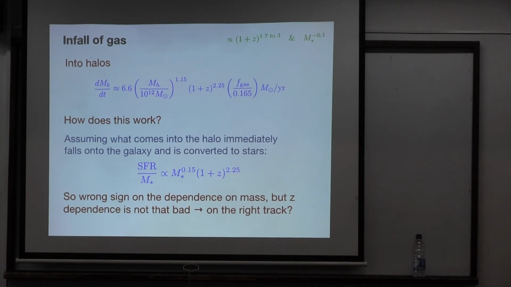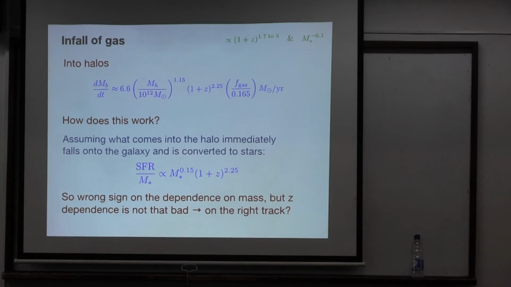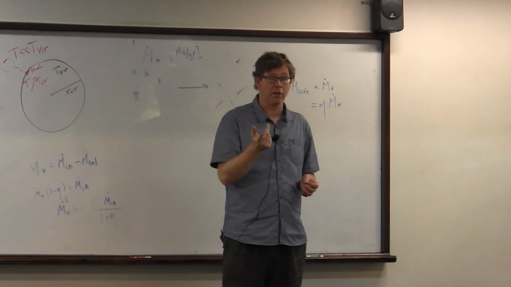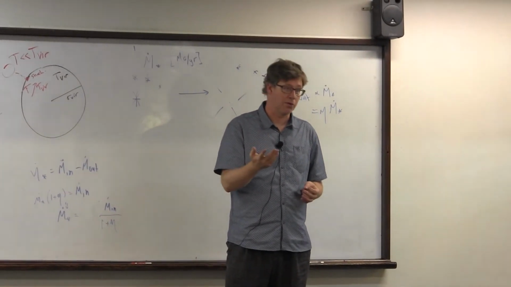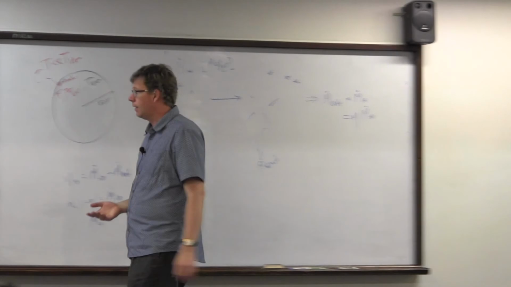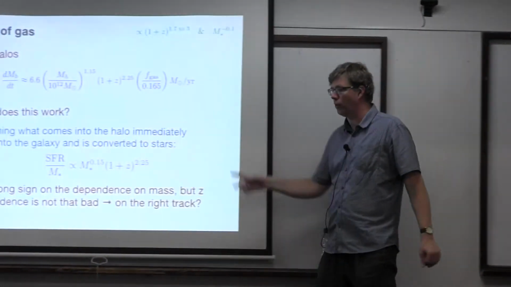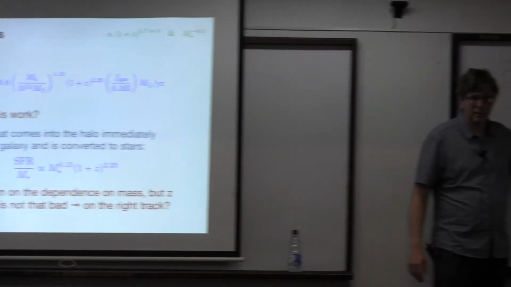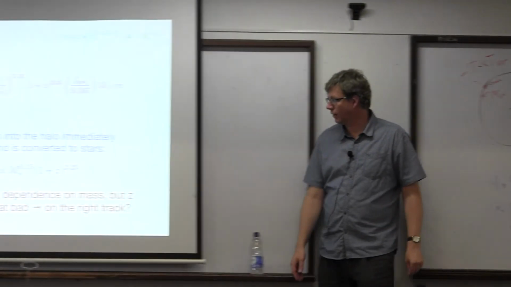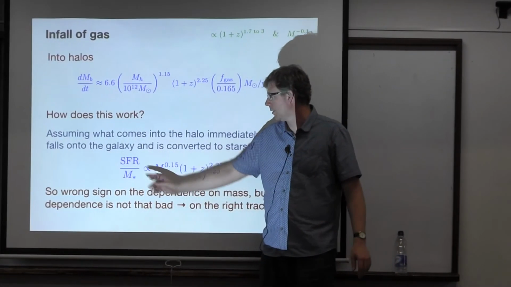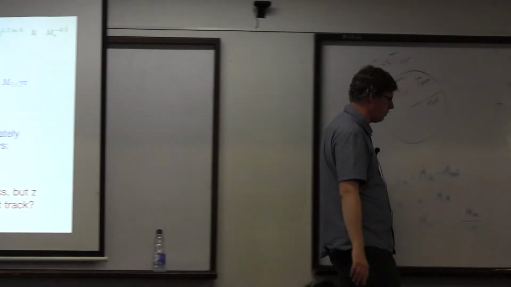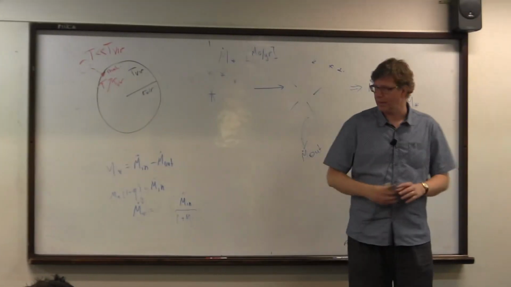So now I can just make the simple assumption that all the baryons that fall into the halo are going to be turned into stars, or at least some constant fraction. If that's the case, then this is the M infall rate that I need here. And I predict that the star formation rate is going to be of this kind. But I made a couple of assumptions there which are not spelled out. So let me write it down properly.